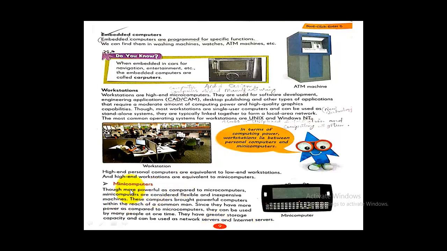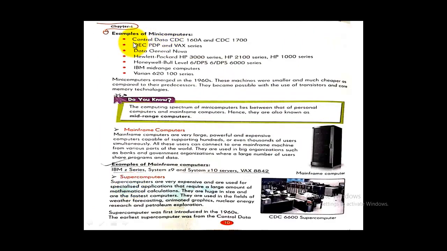Okay, now let's see some examples of mini computers. Examples of mini computers: Control Data CDC 160A and CDC 1700. Next is the DEC PDP and VAX series, then Data General Nova, then Hewlett Packard HP 3000 series, HP 2100 series, HP 1000 series.